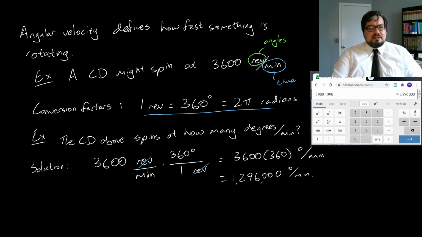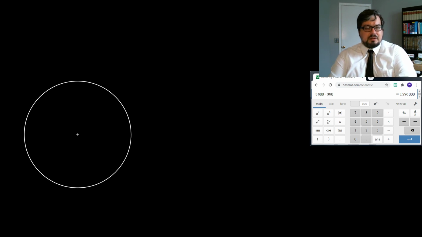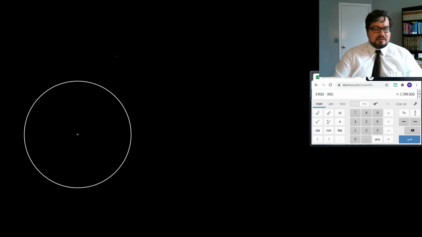So let's look at how we can relate angular velocity to linear velocity, and the two of them are in fact closely related. So let's look at our picture again, and let's imagine that we have some object that's spinning around this circle going really fast.